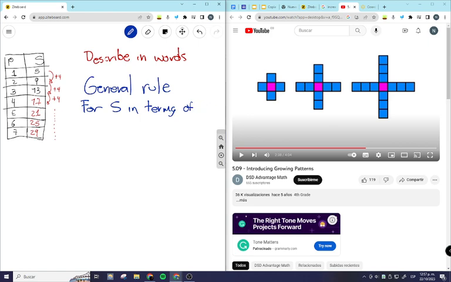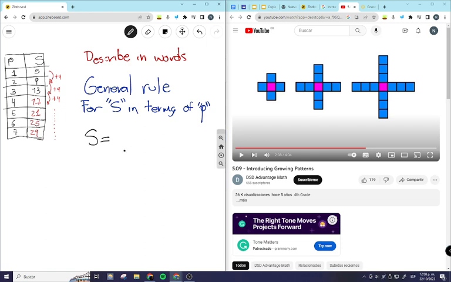So a general rule for S in terms of P. So what is that going to be? That is going to be a mathematical expression that relates this number and this number for any given position. So for example, it's going to be S equals something. What is that something? Let me show you how to find the general rule for a linear pattern, and then we are going to actually understand what this general rule is.